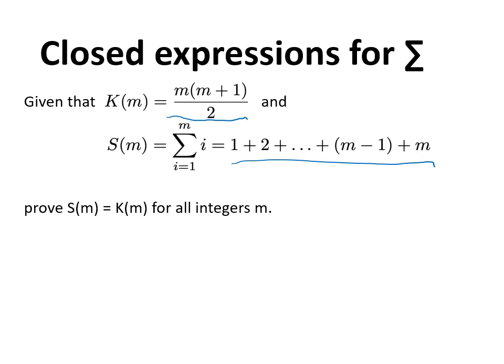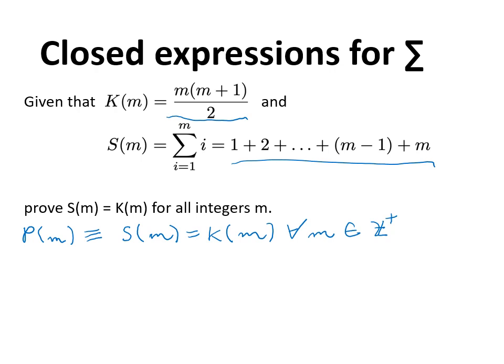And so in this case, P of m is equal to S of m is equal to k of m. So this is our problem statement. And that is true for all m element of Z plus. Okay, so that's our problem statement.